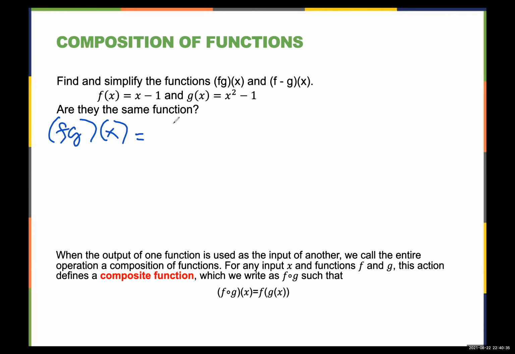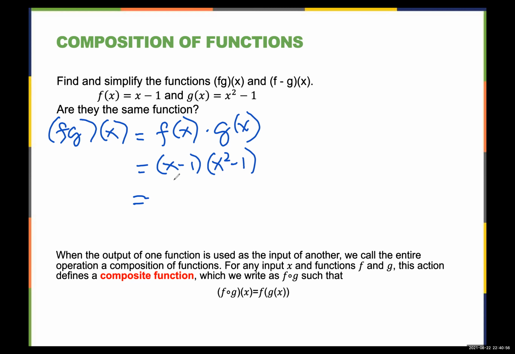F of g of x, so that is multiplying the two functions, x minus 1 times x squared minus 1. And when we multiply the two, so x minus 1 times x squared minus 1.